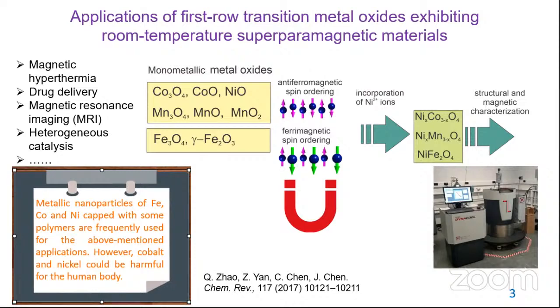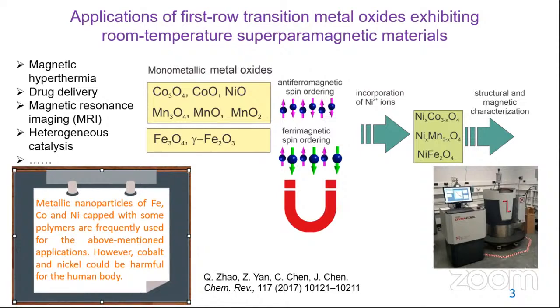Moreover, they are good heterogeneous catalysts, and if we induce superferromagnetism, they can be used as magnetically separable heterogeneous catalysts. So those are the advantages of inducing superferromagnetism in these metal oxide nanostructures.